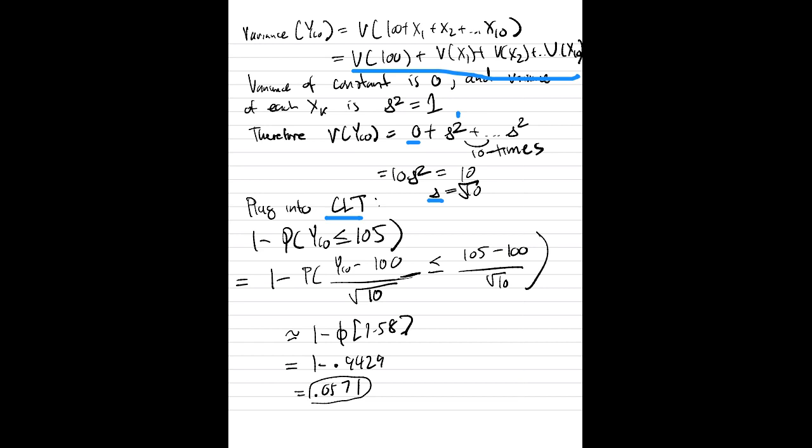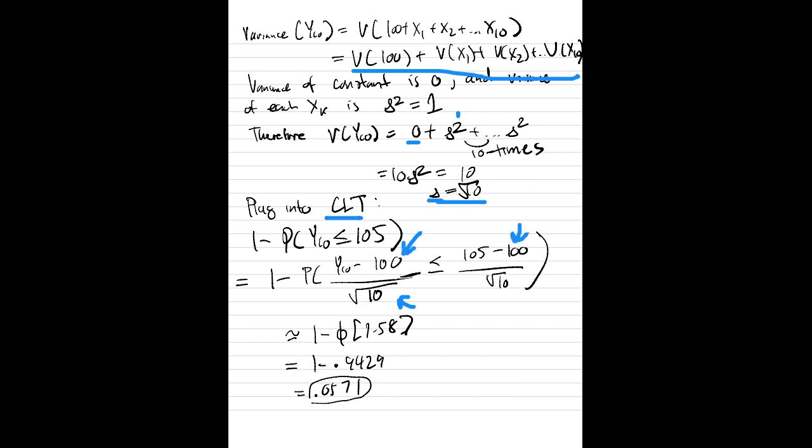Then to find the standard deviation, we take the root of both sides to get radical 10. So we plug in here for sigma, and we plug in our mean here for 100.